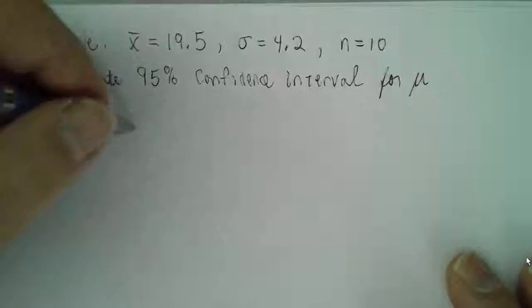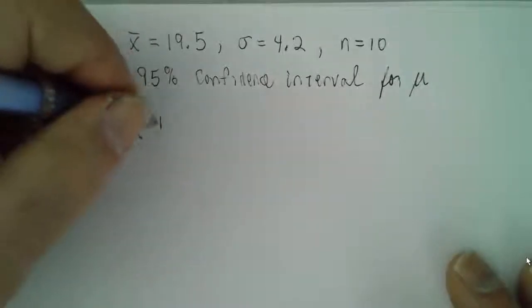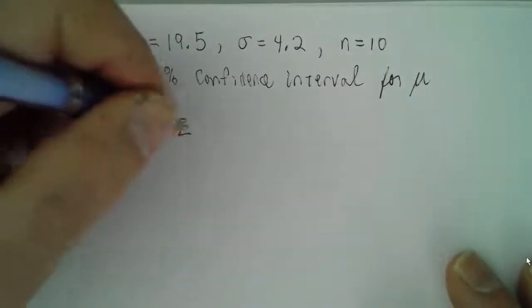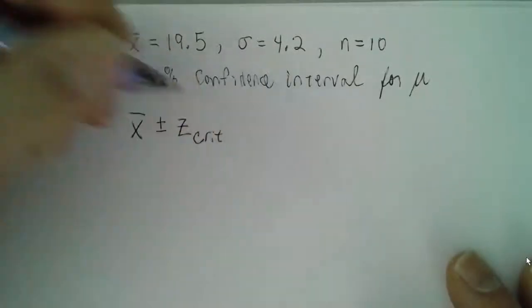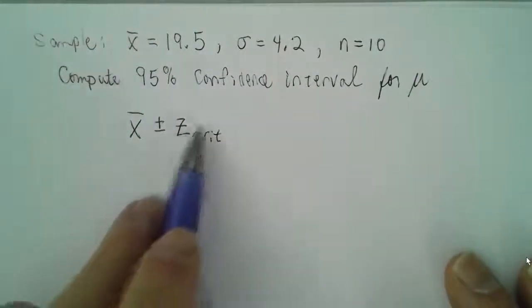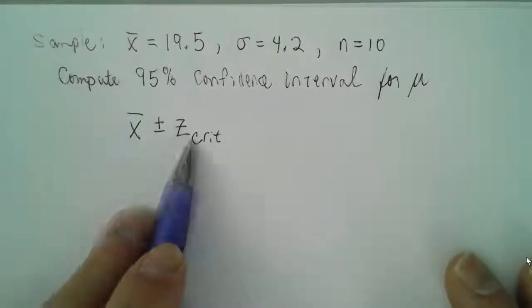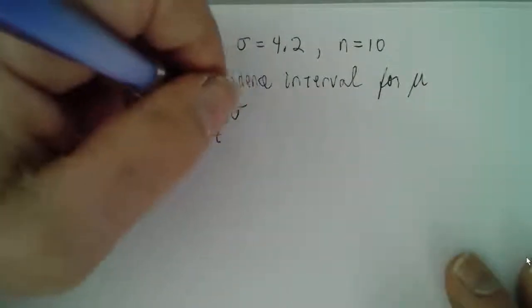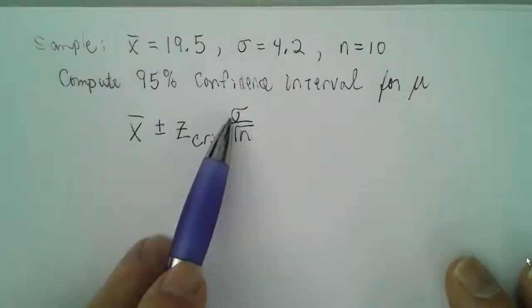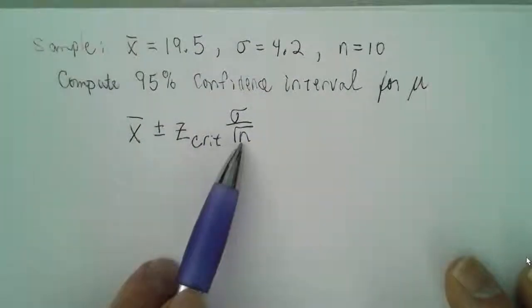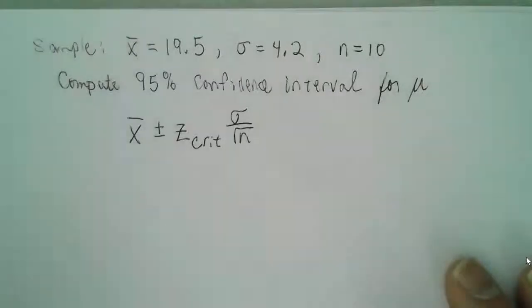Well, our formula is this: x bar plus or minus z star, or zc, or z crit, however you like to write that, the z critical value, and then we multiply by sigma over root n, where sigma is the standard deviation of the whole population and n is the size of the sample.